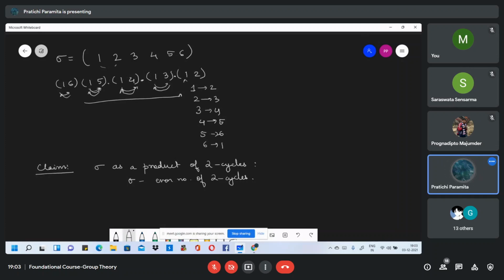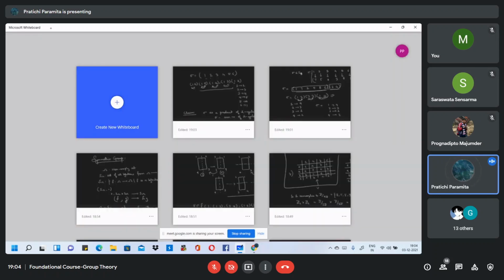So if one way of writing sigma as a product of two cycles contains an even number of terms, then any other way of writing sigma as a product of transpositions will contain an even number of terms. Similarly, if I can write sigma as a product of two cycles which contain an odd number of terms, then any other way of writing sigma as a product of two cycles will contain an odd number of terms. And there is a proof for it. Maybe I can share the notes with you after this session so you can go through the proof.